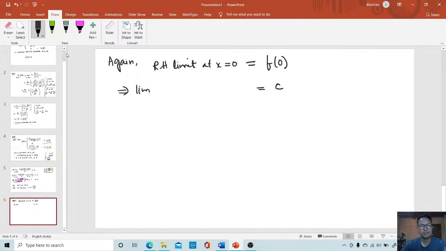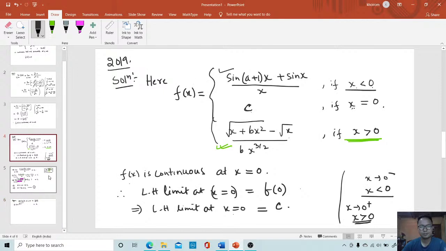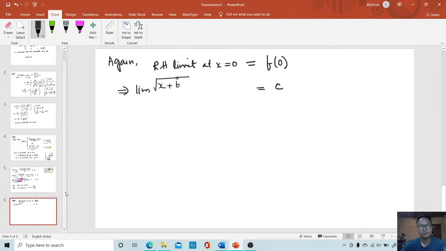The limit here is x plus b x square under root of x divided by b x to the power 3 by 2, and x tends to 0.